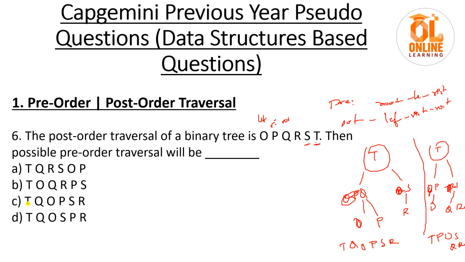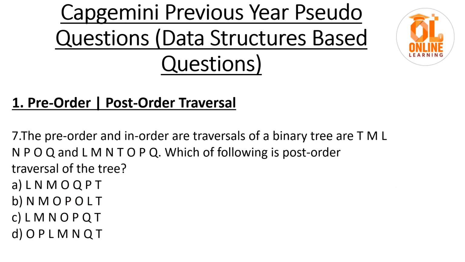TQOPSR, yes, TQOPSR. Option C is one of the possibilities. There may be various other possibilities, but this is one possibility that for the given post-order, this can be a pre-order traversal. So let's come to the next question.